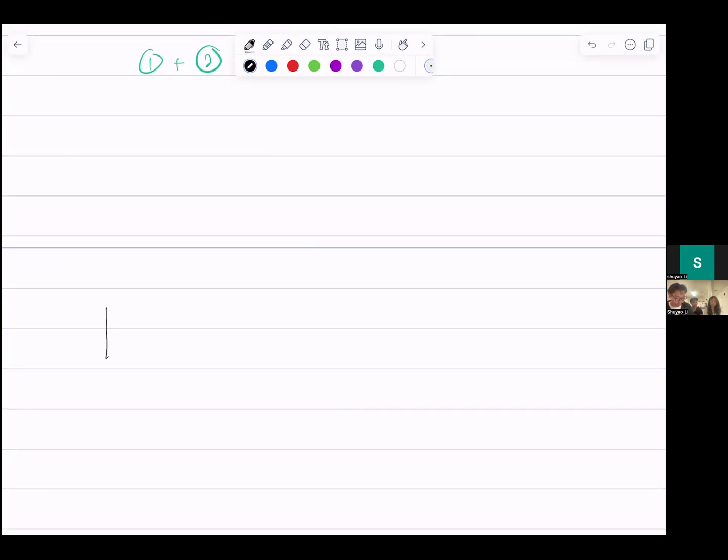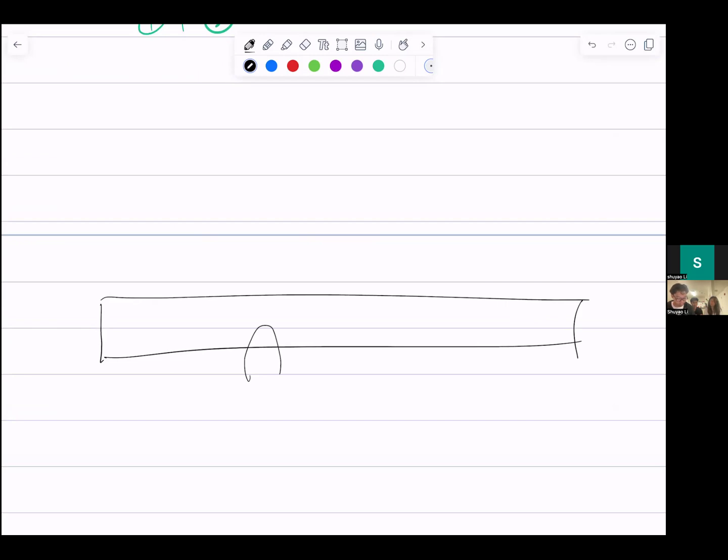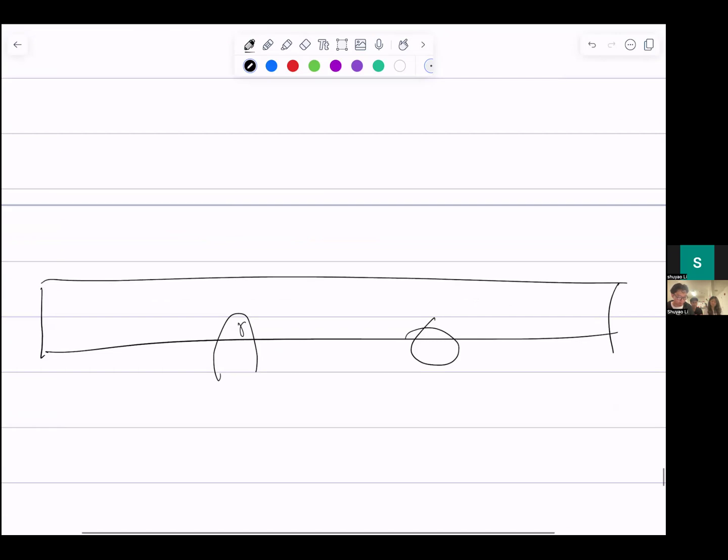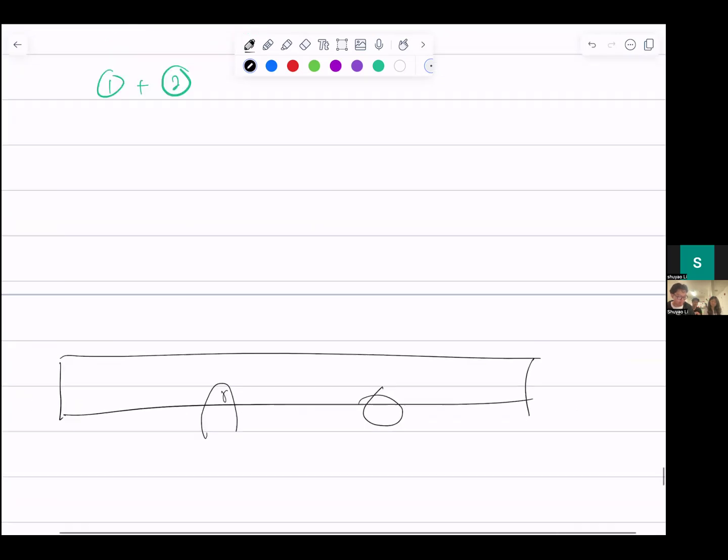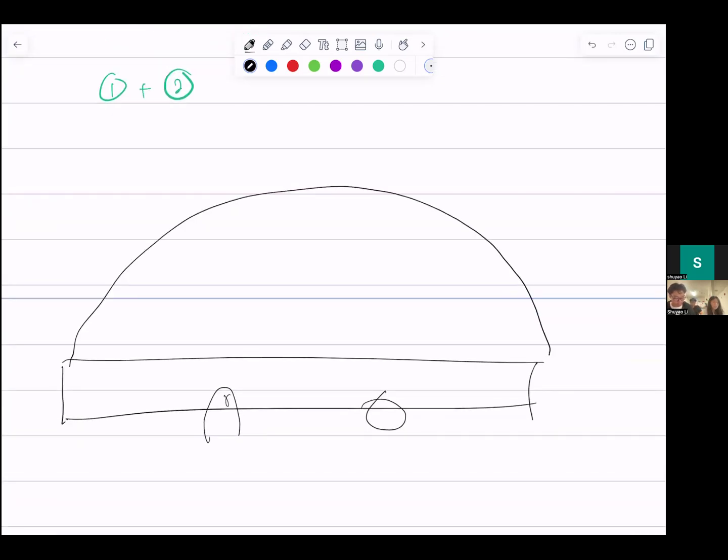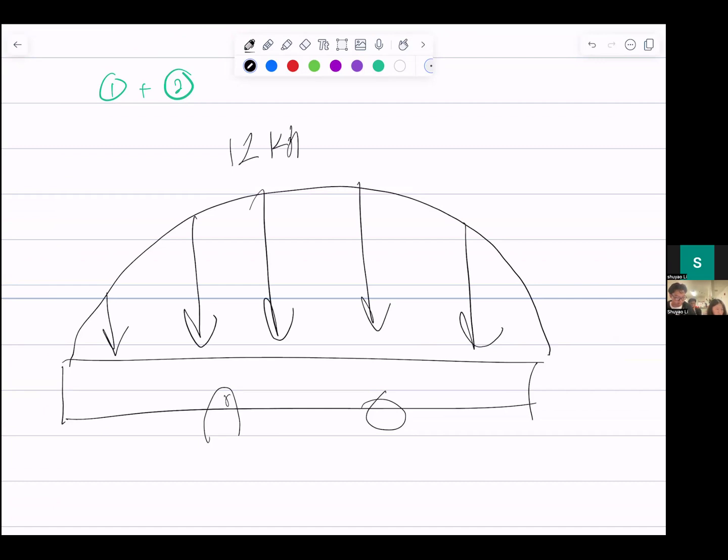Say, for example, we have a beam with a roller and a hinge, and let's say the load is covering this area. Here it's 12 kilonewtons, and here it's 8 kilonewtons.